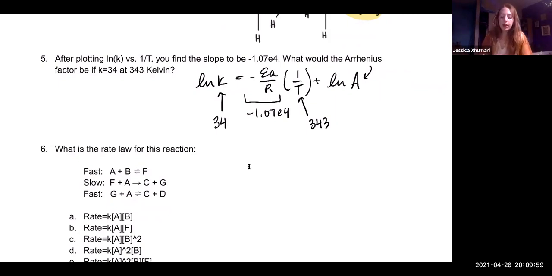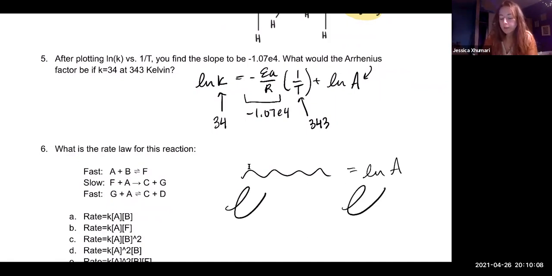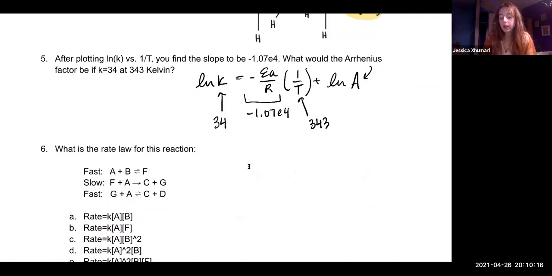And eventually you're going to have some number equals ln of A. And to get rid of that, as we know, we're going to do everything e power, so we can solve for A at the end, okay? And if anybody wants, I can definitely walk through the algebra of that, and your final answer should be 1.2 E15.